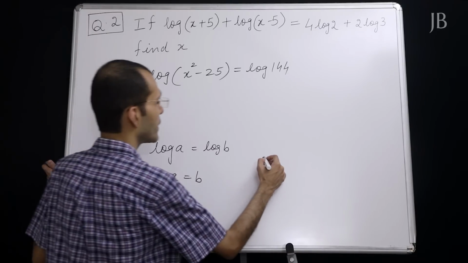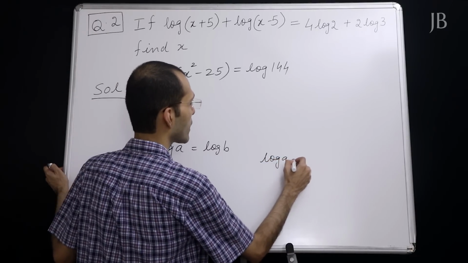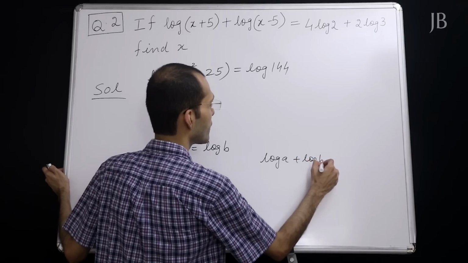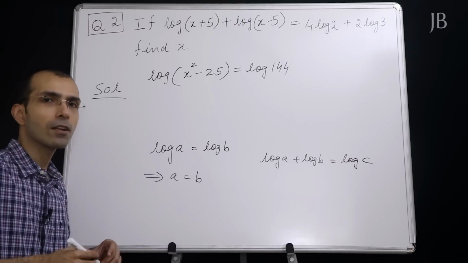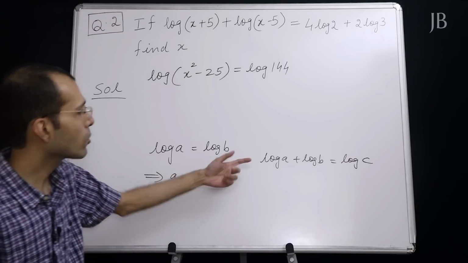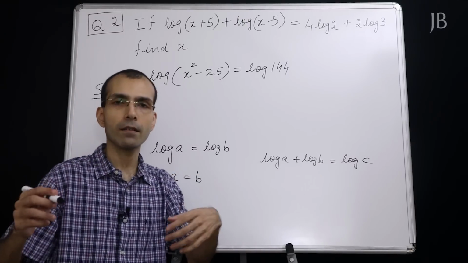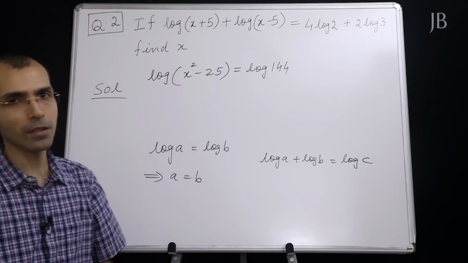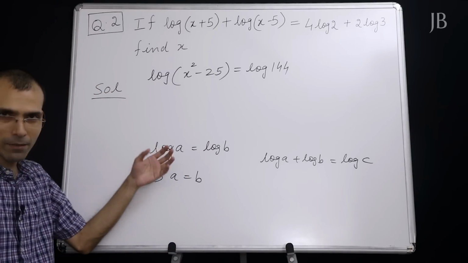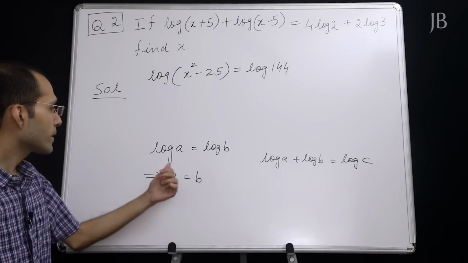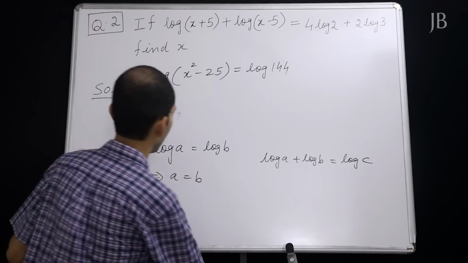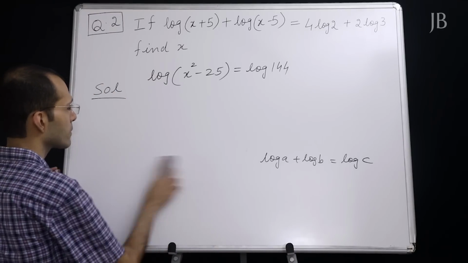But if it is something like log a plus log b is equaling, suppose, log c, then you cannot take anti-log like this. You cannot say, oh, therefore a plus b will be c, nullifying the effect of a log. It doesn't work like that. So the reasoning we are using is, if log of a is equaling log of b, then a will equal b.